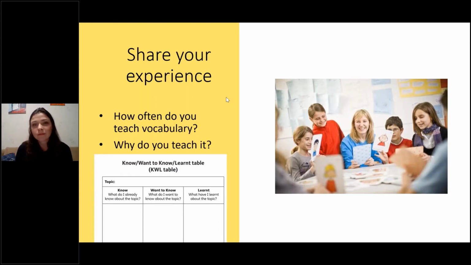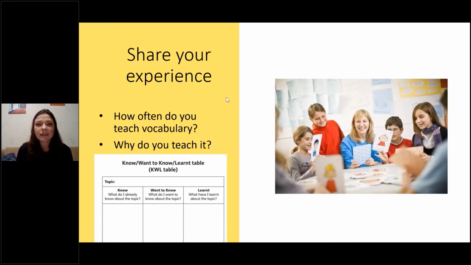Of course, to know the words, right? To be able to speak on different topics. Sometimes they may need vocabulary to understand the text better or to understand listening better. They may need new words in order to complete an essay or any writing task.